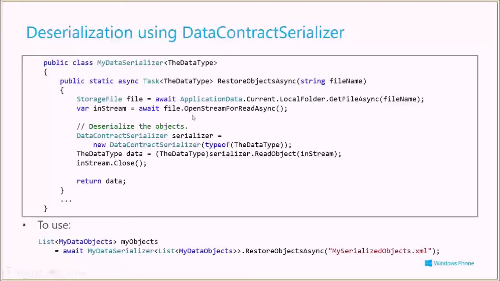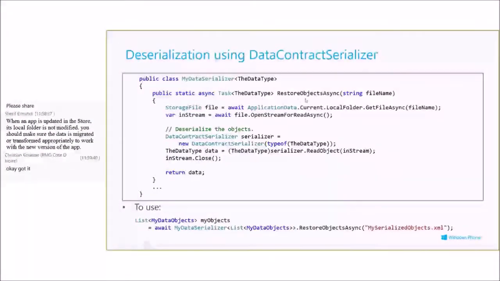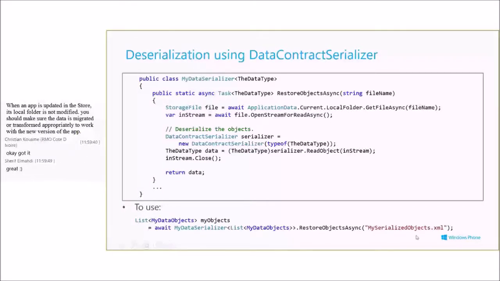Deserialization is exactly the opposite. You call the restore object async instead. In restore object async, you create a file which is inside the local folder. Here's how you call it first. You give it the file that I called my serialized object.xml, and I create a reference to the file that I created.